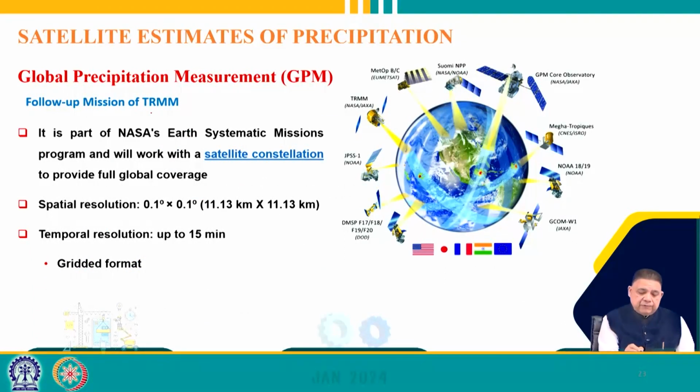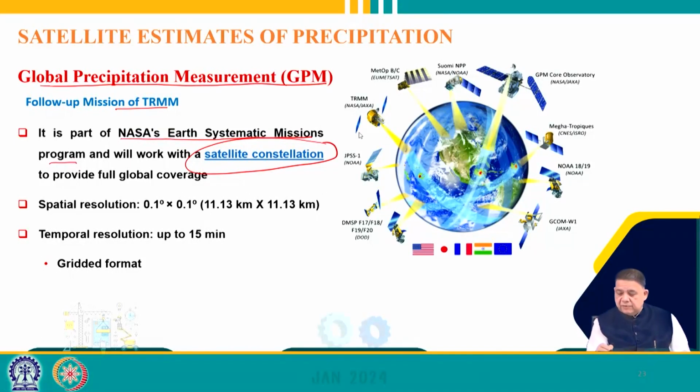So, we now have a follow-up mission of TRMM, called Global Precipitation Measurement, GPM, which is again part of NASA's Earth Systematic Mission Program. It uses a satellite constellation, that means several satellites of several countries are used here. The participating countries are USA, Japan, France, India and the European Union.